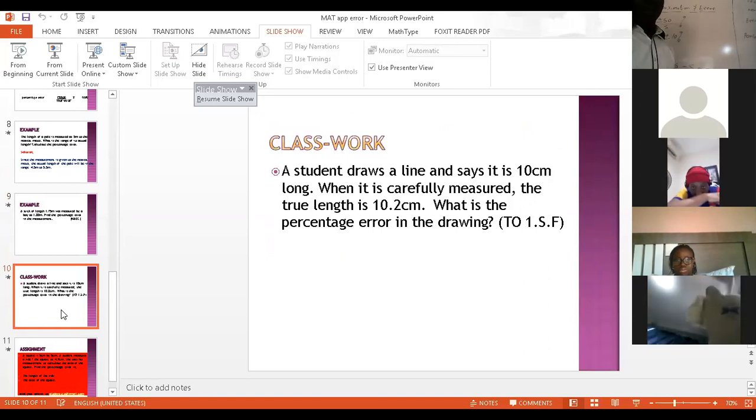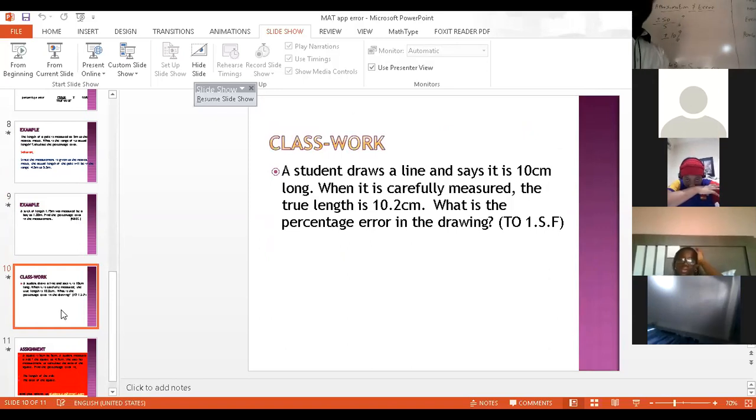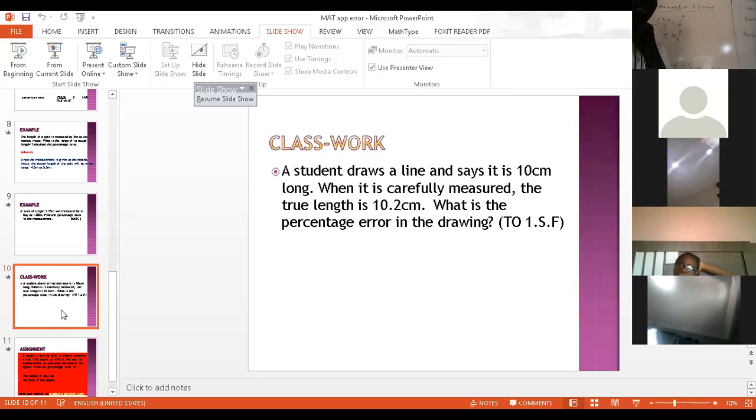Read the classwork and I would like you to try it. The question says, a student draws a line and says it is 10 centimeters long. When it is carefully measured, the true length is, remember, the true length is 10.2.